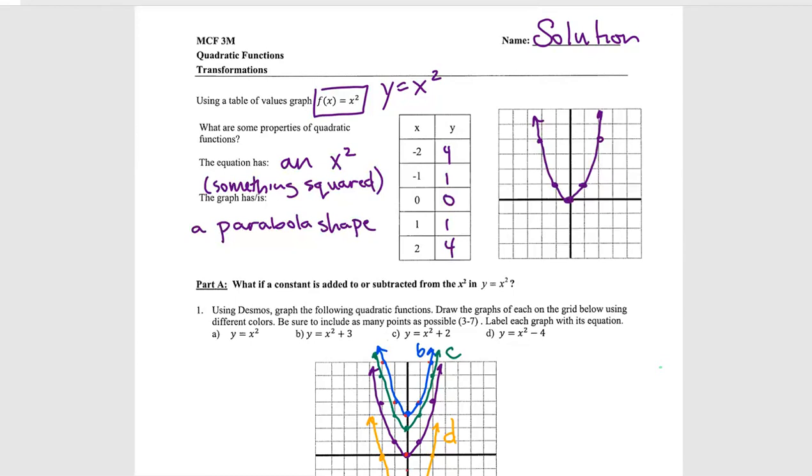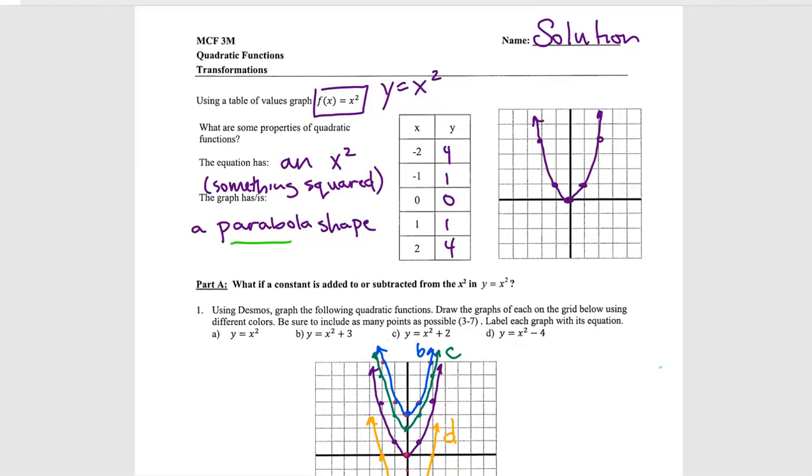If you recall from grade 10, when we're graphing these quadratic functions, the equation always has some sort of squared in it, x squared, or when it's expanded, we end up with an x squared. The graph itself is always this parabola shape, or parabolic in shape.